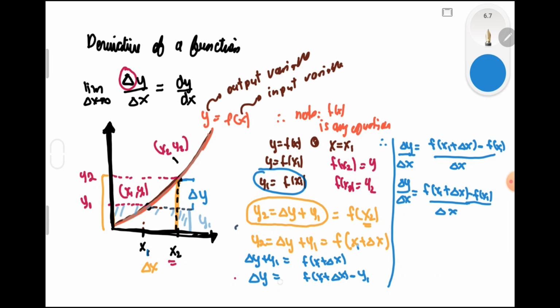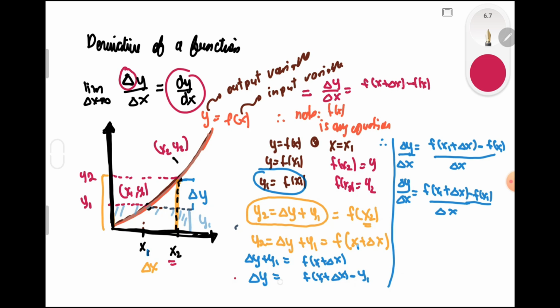So from this relationship, we can prove that the limit of delta y over delta x as delta x approaches 0 is dy over dx. So from this, substituting here, delta y over delta x is equal to f of x plus delta x minus f of x.